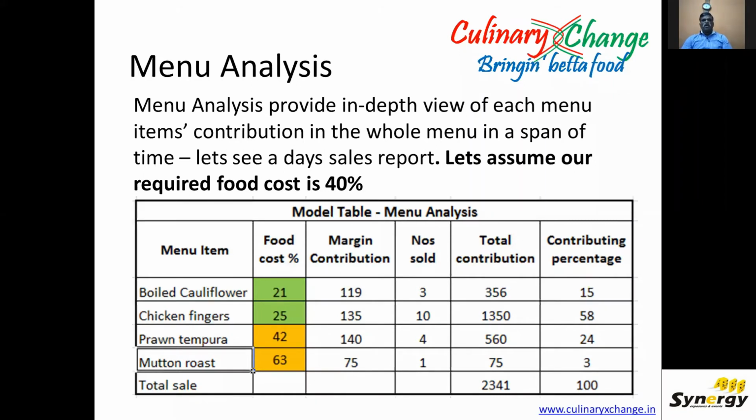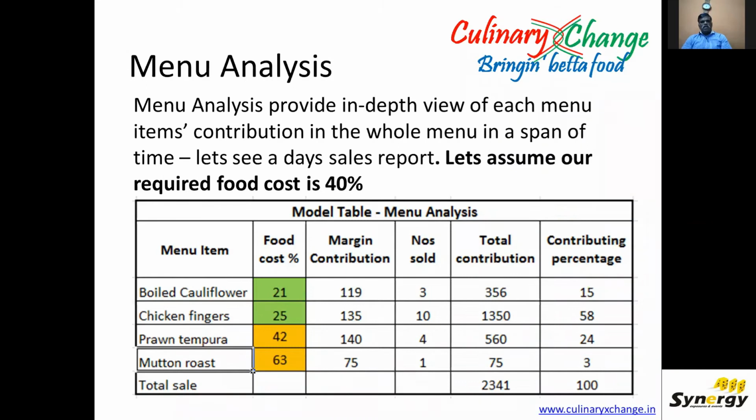Let us see this model. In this, cauliflower's food cost is 21. Margin contribution is 19 rupees. During this particular day, we have taken it as a day's report, and this particular restaurant's budgeted food cost is 40%.